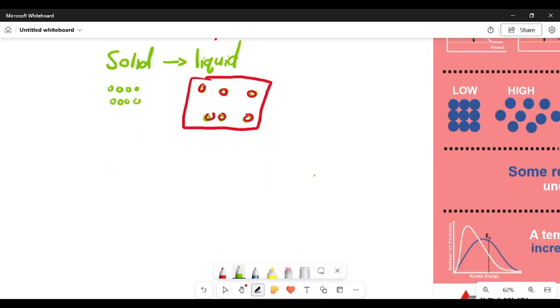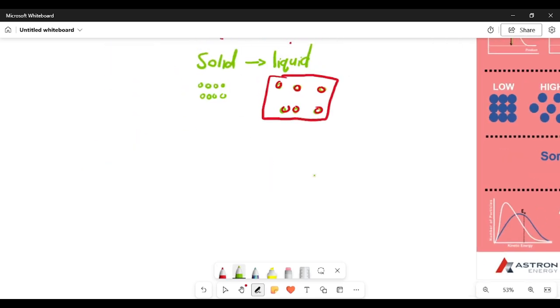Now, just to summarize that, moving from a solid to a liquid phase, what happened is that we increase the surface area. And now, as a result, more particles are exposed to react, right?